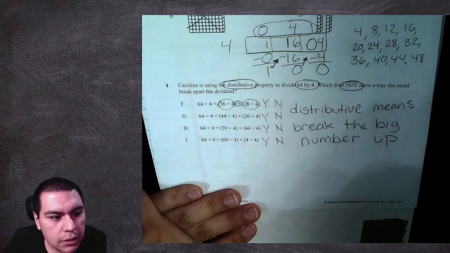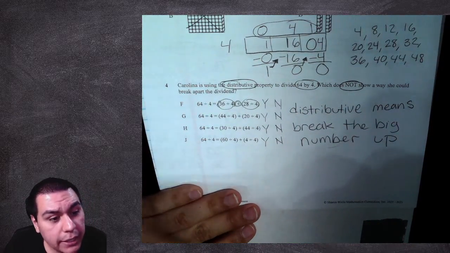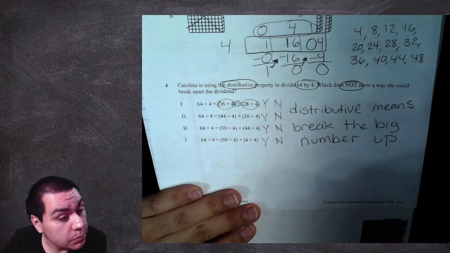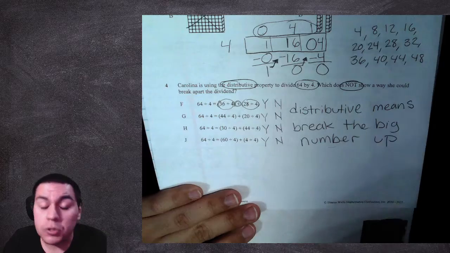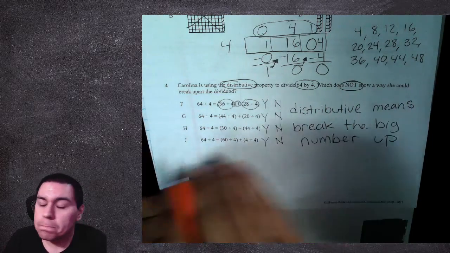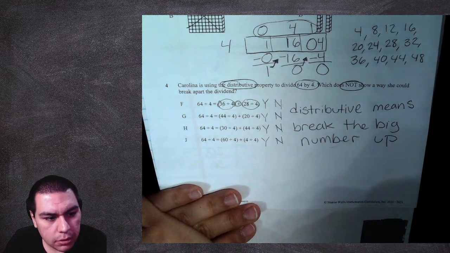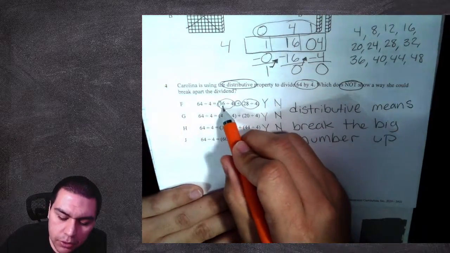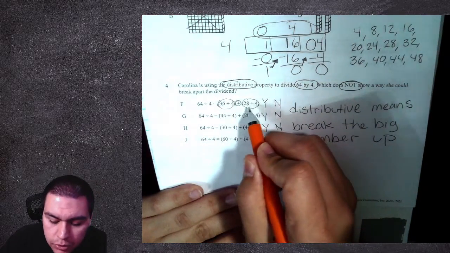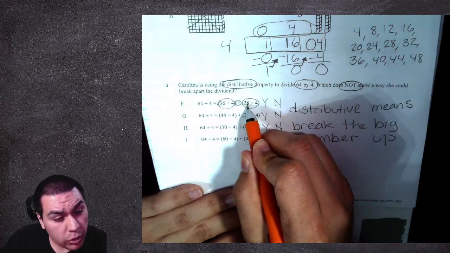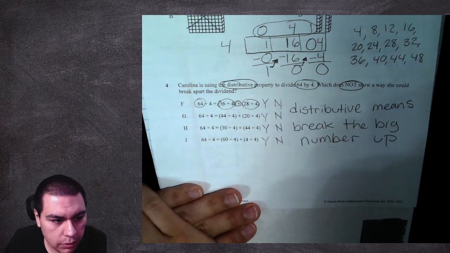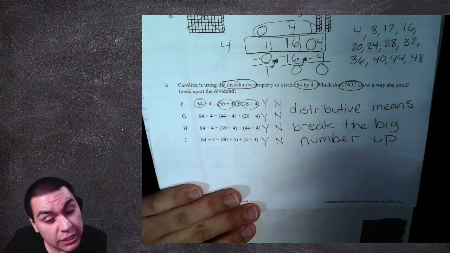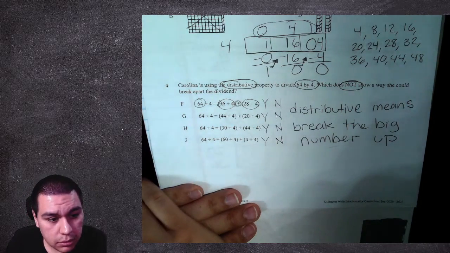A plus sign. They're reminding us, you have to be able to put that number back together. Like a puzzle. If you can't put it back together, then it's no good. So we're going to put 36 together with 28, and we're going to see if we get back to our original number, our 64. We'll see if they did it correctly or not.